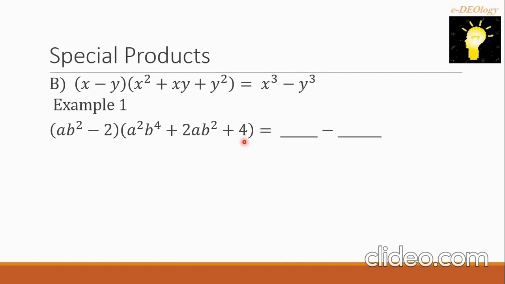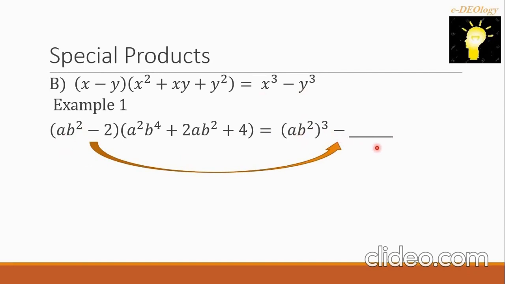In that case, we will go back to our problem. Then we will put now the special product. Let us write the two blanks to represent the two terms of our product. So the first blank here, we're going to copy the ab squared, write it here and then put the power 3. And then we should write the negative.